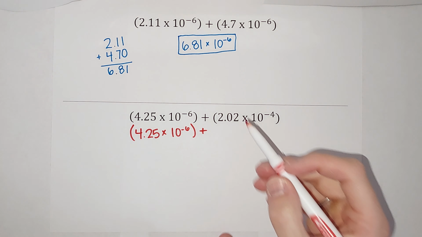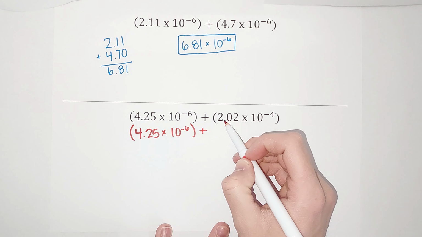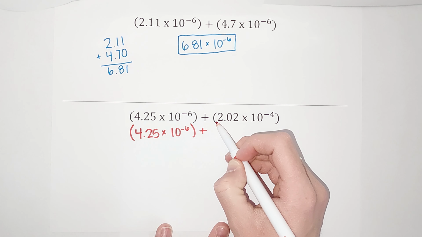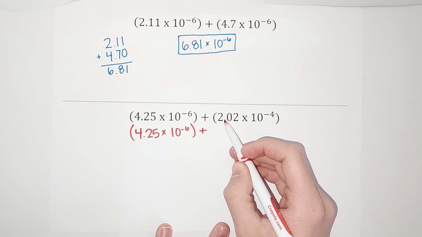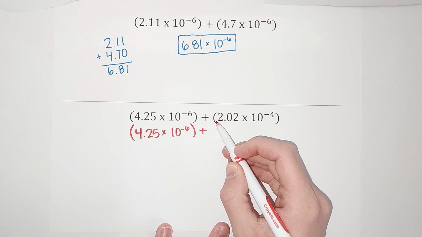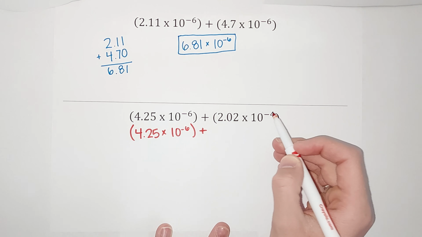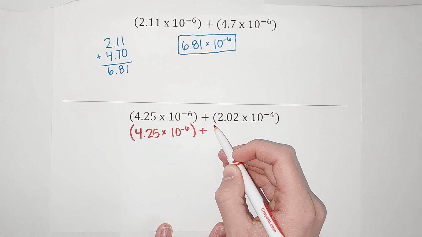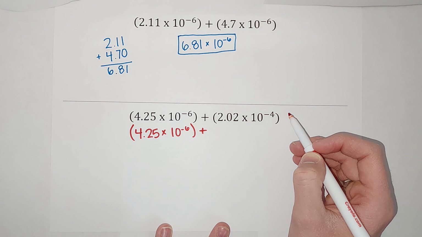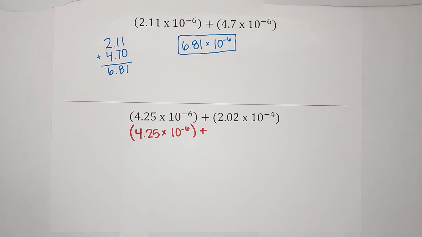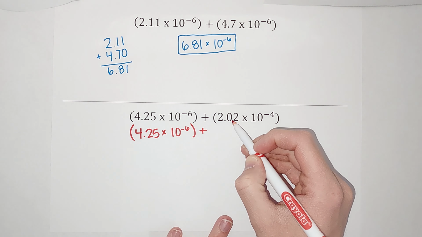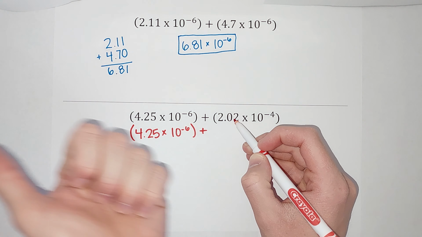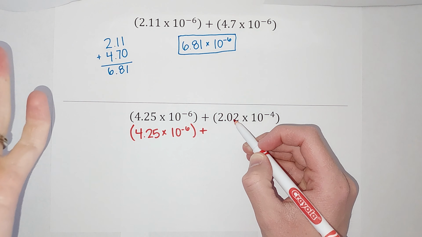So this is when I think, okay, if I were converting this back to standard notation, I would move my decimal place over 4 times to the left because we're negative, right? So once I moved it here, I would have 3 more to go, so I'd be in 10 to the negative 3. And then I move it over again, I'd be in 10 to the negative 2, right? So I want to be in 10 to the negative 6th, okay? So if I moved it this way, that would mean I need to move an extra one that way to get to where I want it to be.